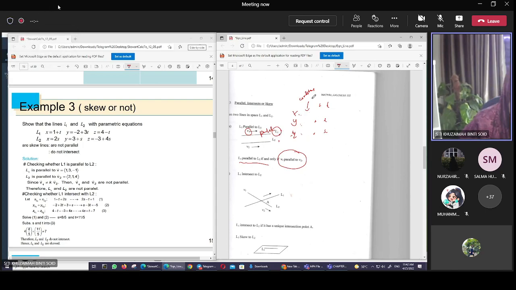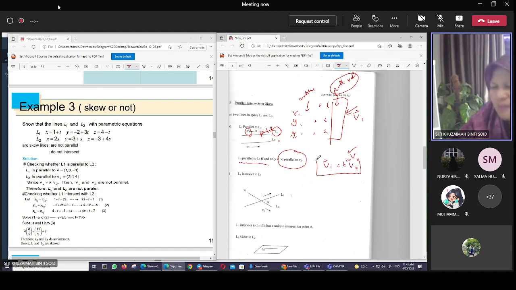Okay, the first term is coordinates plus t, and t is the apa tadi? Parallel vector. Okay, parallel vector. This one yang kita nak. This part is the V1, for this line L1, and this is V2 for L2. So we take out this V1 and V2. What is the parallel vector for each line? And then we check whether they are scalar multiples.